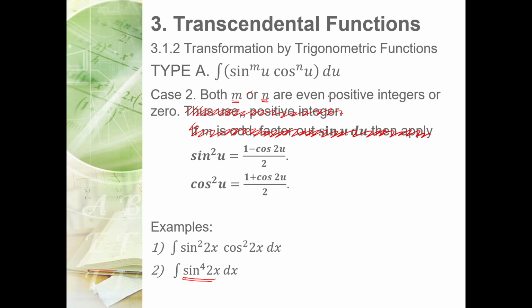Okay, if m and n are even and positive integers, we need to use these formulas. I'm not sure if this is called the reduction formula or the reduction identity, so just try to search this online.